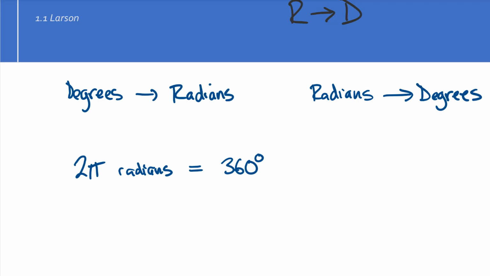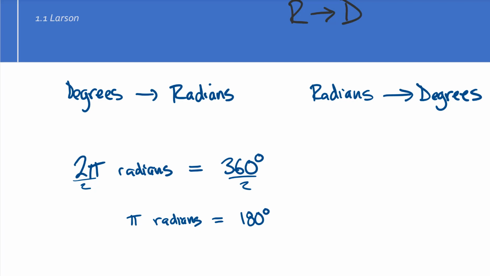But this isn't the conversion we really use. Let's divide both sides by 2, and we say that pi radians is the exact same thing as 180 degrees when we're looking at this as a unit of measure.